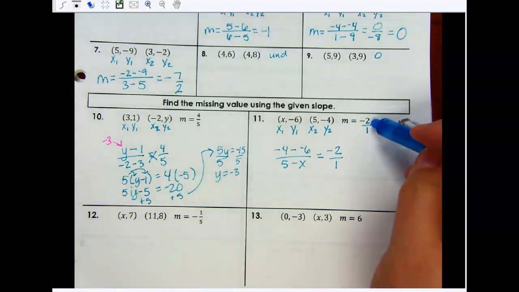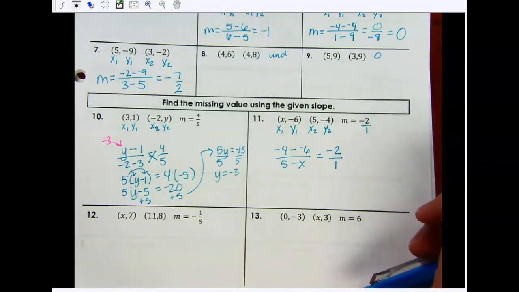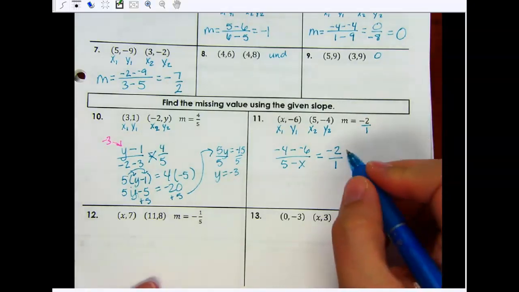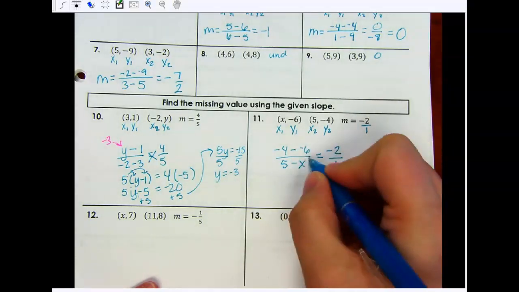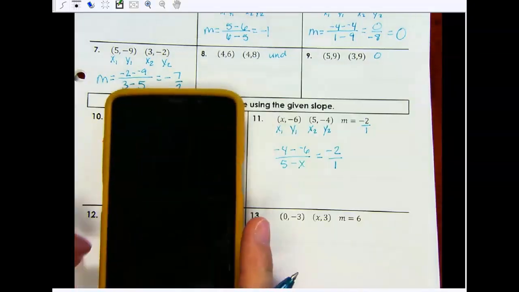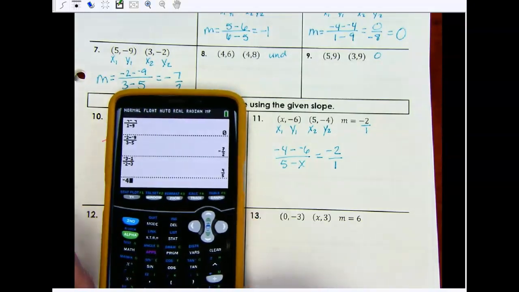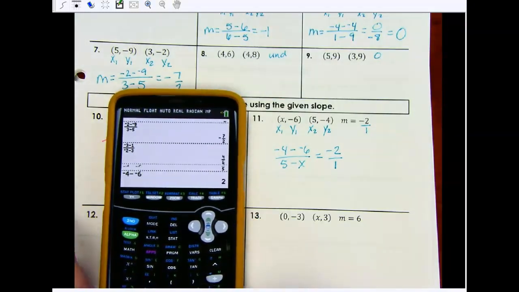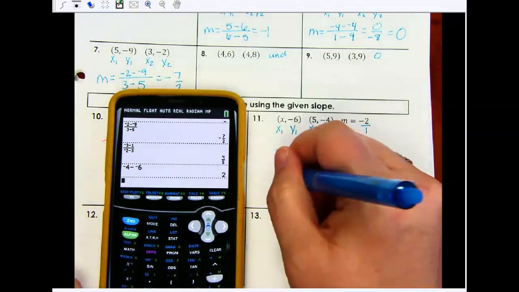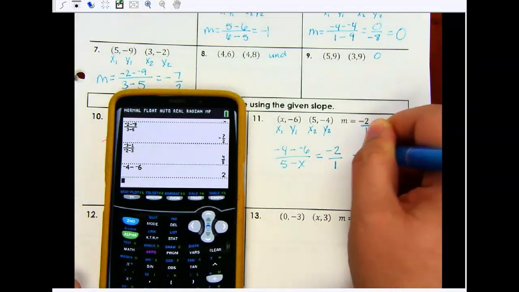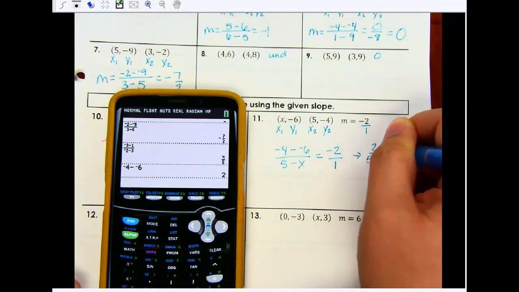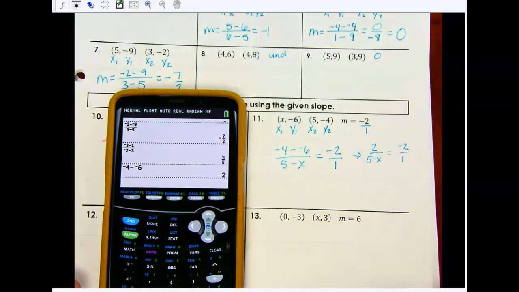So this is what it would have looked like if we would have counted it on the graph like we did in the other video. So when we do this, let's just go ahead and do negative 4 minus negative 6 in our calculator. So we're going to get 2 over 5 minus x equals negative 2 over 1.